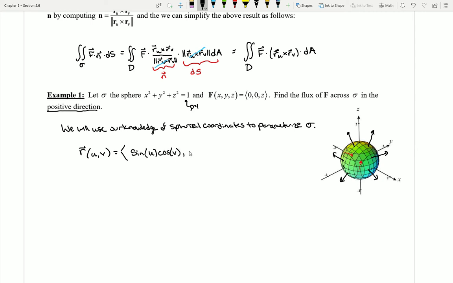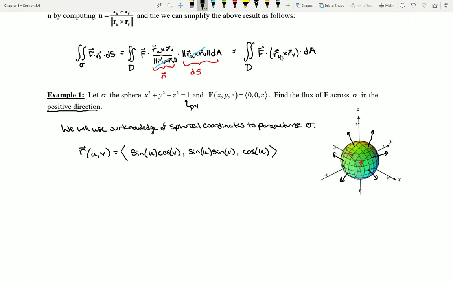Here I'm using u's and v's in place of thetas and phi's. Of course, if this is a little bit strange for you, don't worry, you can always just switch back. So you can see here that u is in the role of phi, and v is in the role of theta. So if I set something up like this, no problem.